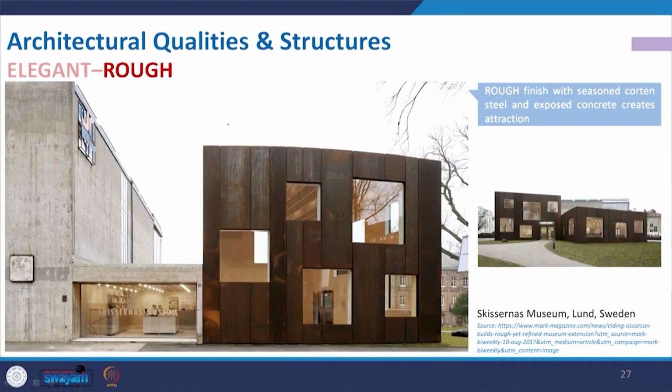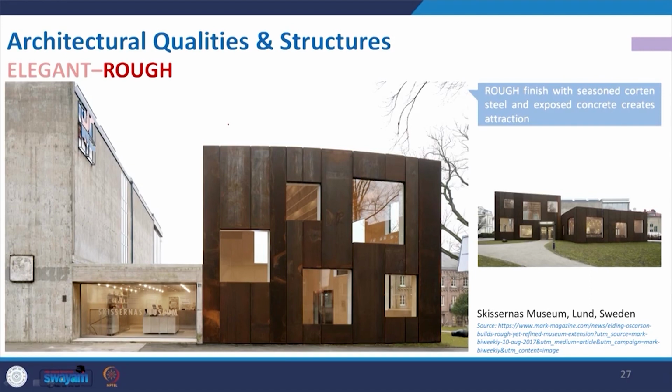Now, come to the rough. A rough structure can be created the way we put it. It may not be the result of ignorance during construction, that somebody just left the job half done and that is why the outcome is that. Intentionally it may be created to create some contrast.